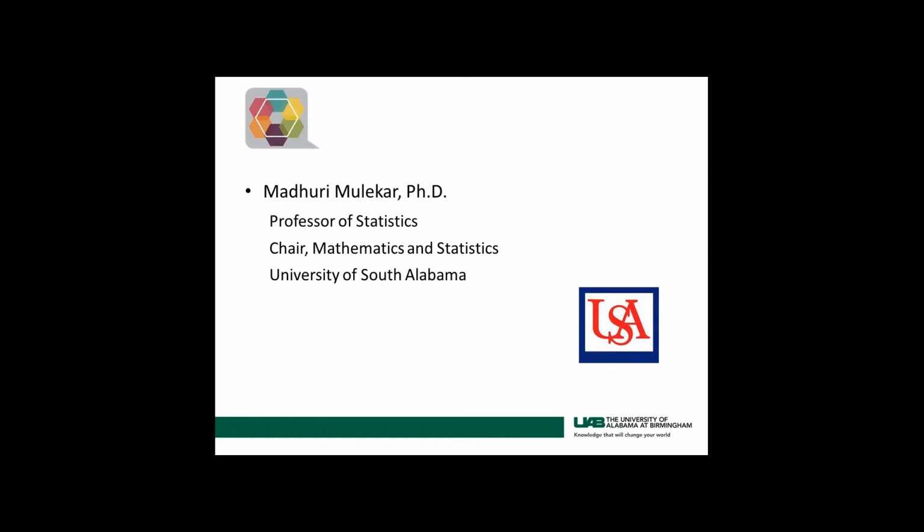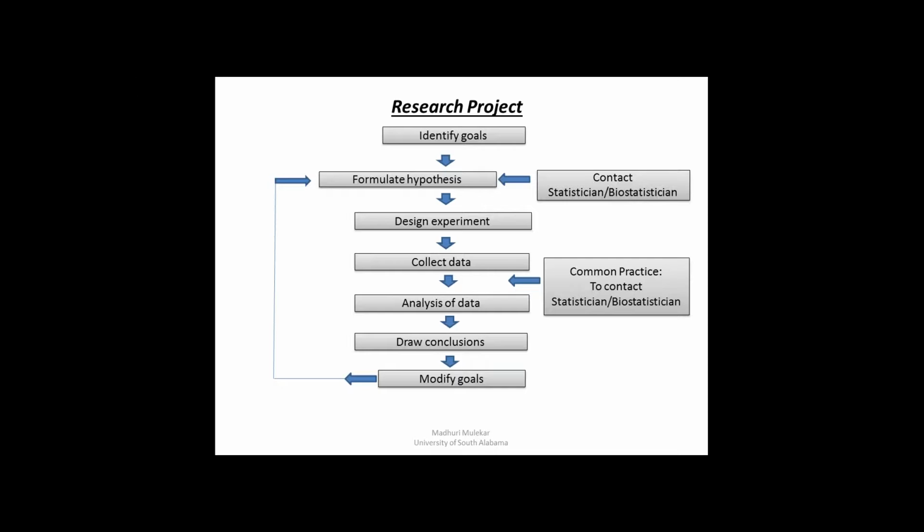Well, I'm just going to talk for a couple of minutes, not too long, because you have already mentioned most of the important things. Now, in my experience, lots of times researchers don't contact statistician or biostatistician early enough in the project.